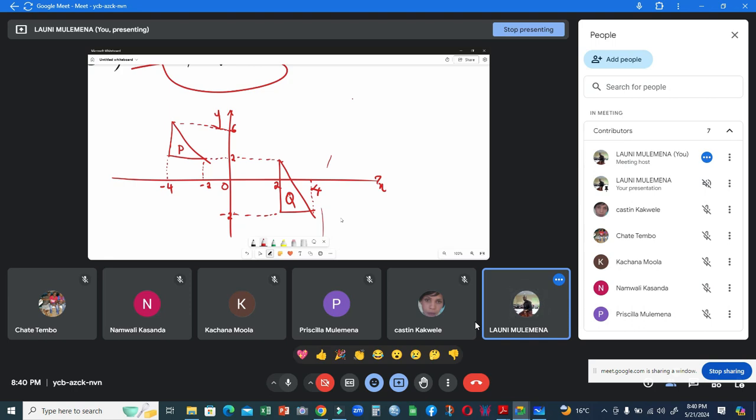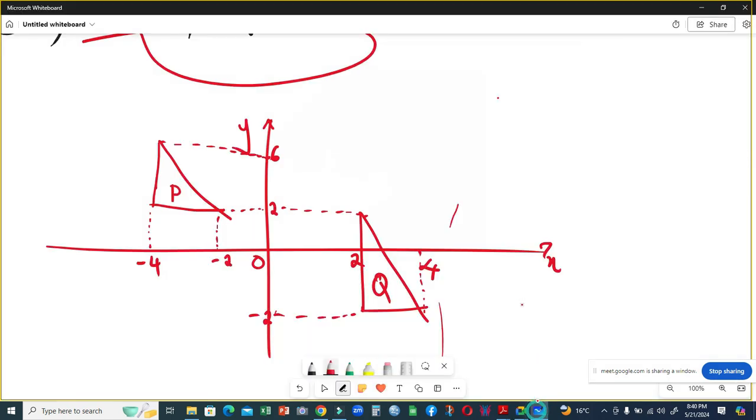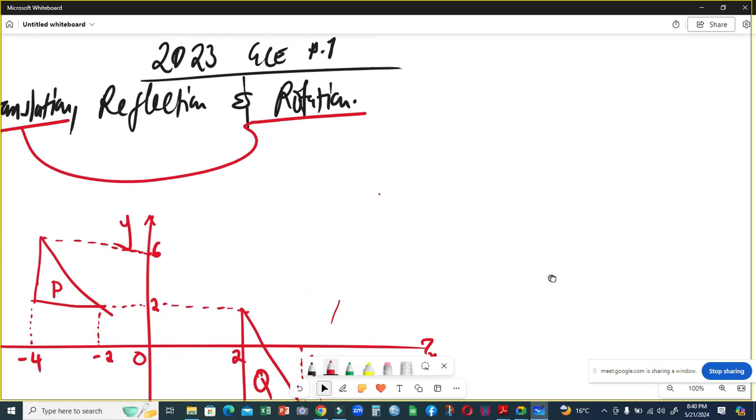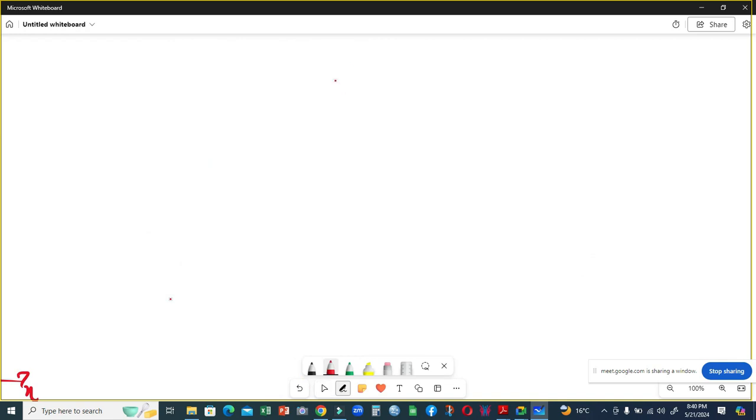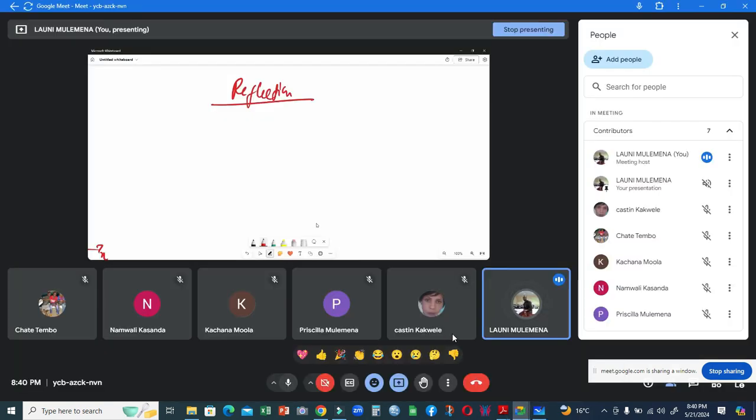Okay? So I'll start with refraction. I'm going to spend time on this concept, and I hope you are going to benefit from it and get one or two things. What are we supposed to know about refraction? Remember, refraction is also a type of transformation.